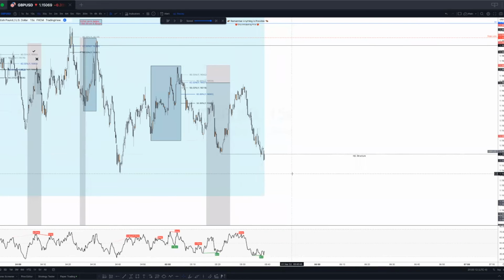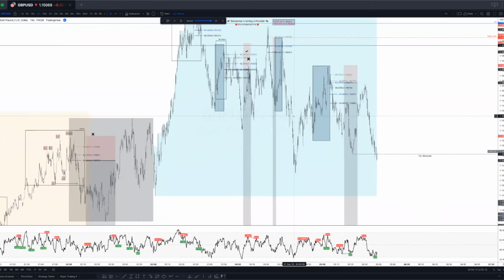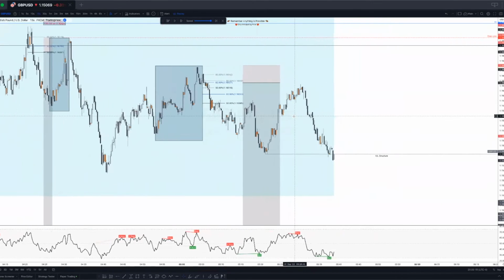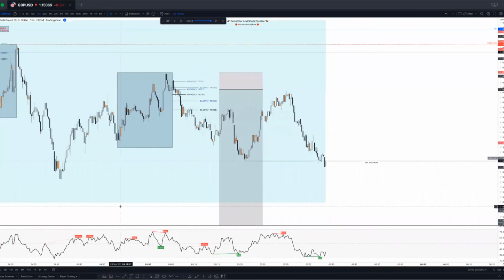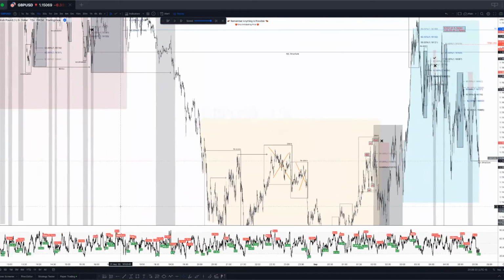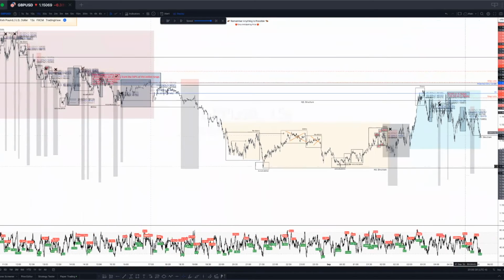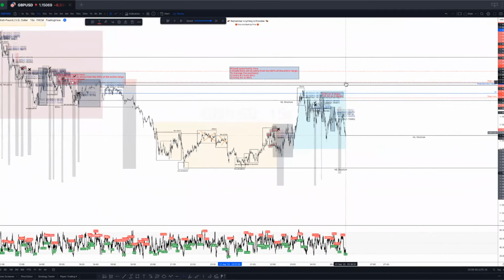All right, so another miss, right? Another miss. I should have played the 50% here. Should have split my order again. So this is another example of what I should have done. So let's drag this over here.